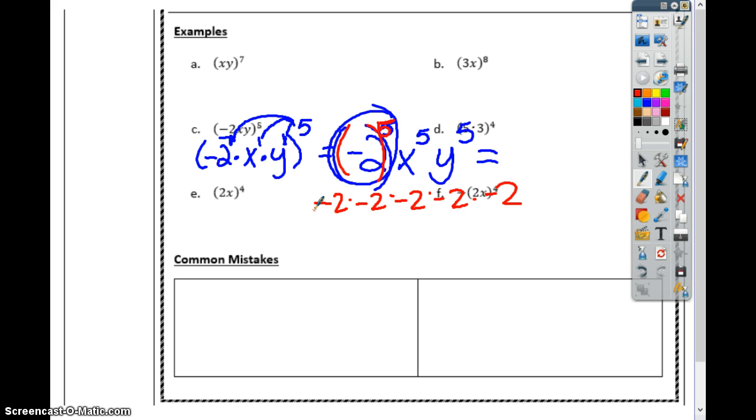So anytime we have an odd number of negatives, we know our answer is going to be negative. And when we take 2 times 2 times 2 times 2 times 2, we will end up getting 32. So we have a -32. And then we still have, we can't simplify this anymore, x to the 5th, y to the 5th.